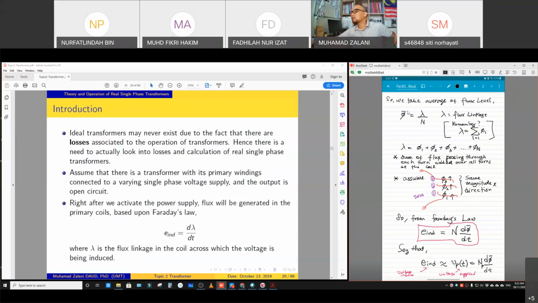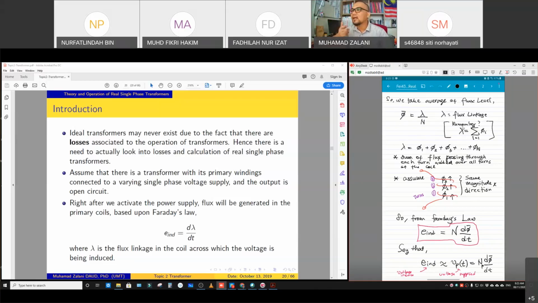So basically what we do is using this equation: phi average, phi bar, equals lambda, which is the flux linkages that we have already learned in our previous lesson. Lambda is flux linkages, which can be defined by this equation.